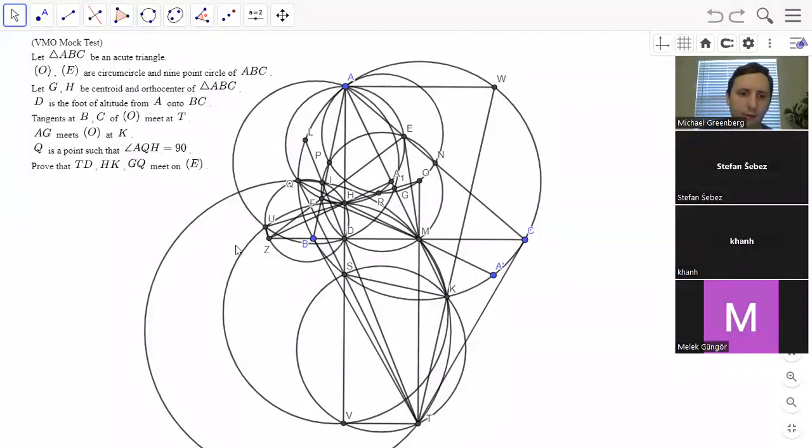So first we define U to be the perpendicular from Z to the Euler line. Then we'd want to show U, H, M, K, T are cyclic, and B, I guess. U, H, M, K, and B are cyclic. And then we could try to show that UDGA is cyclic.